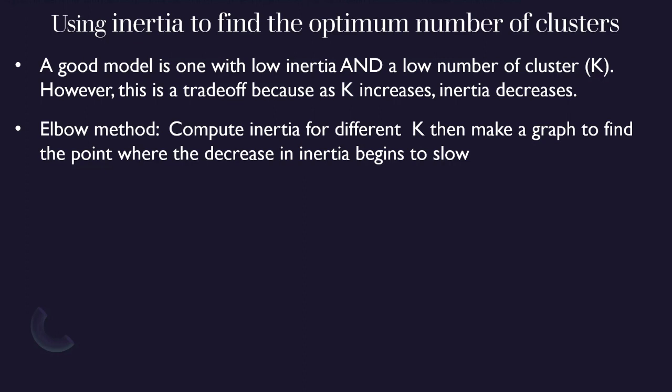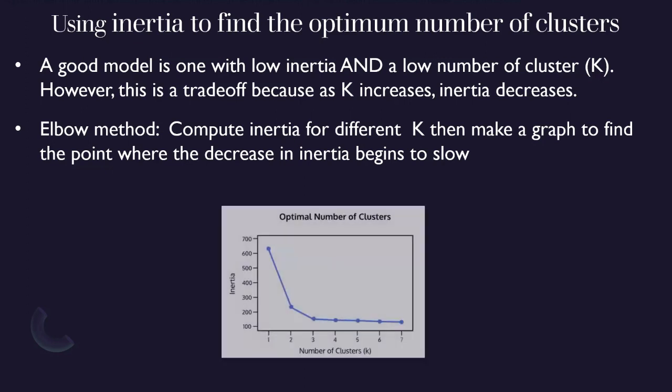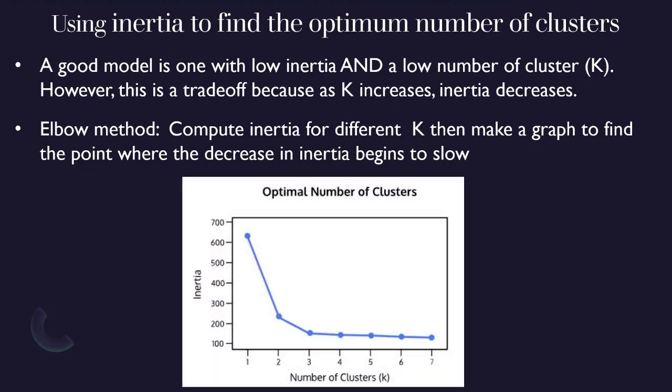This method basically computes the inertia for different K. Then you make a graph to find the point where the decrease in inertia begins to slow. For example, you can see here I computed the inertia for 7 numbers of clusters.